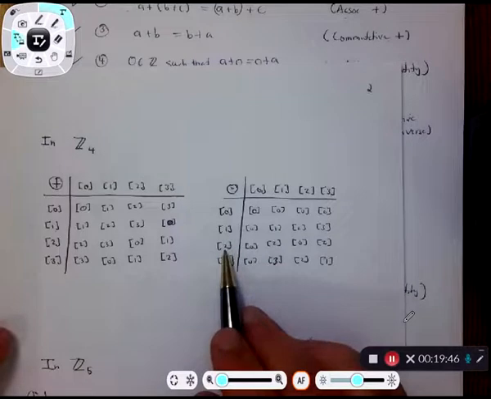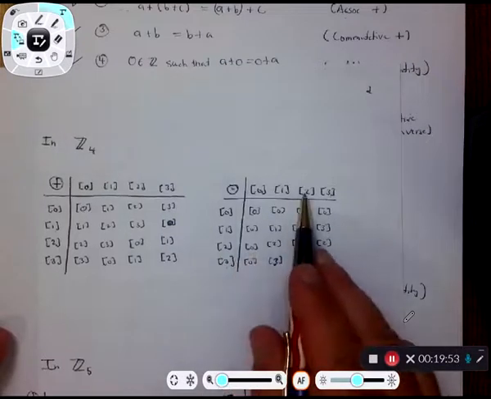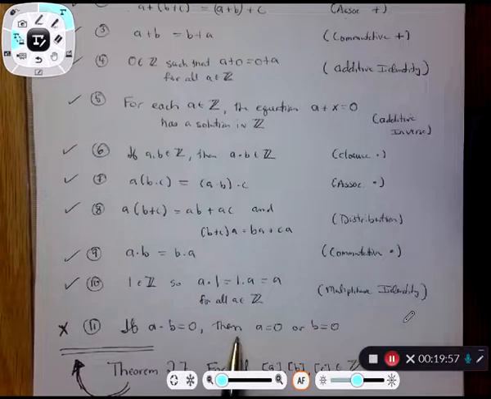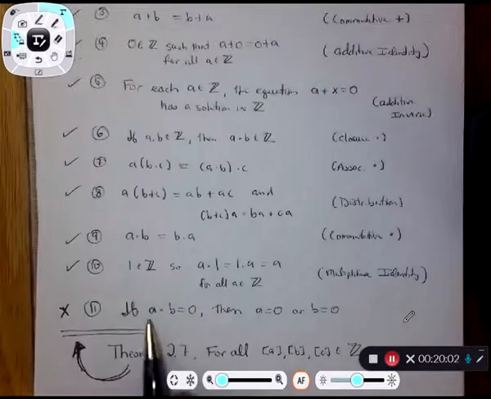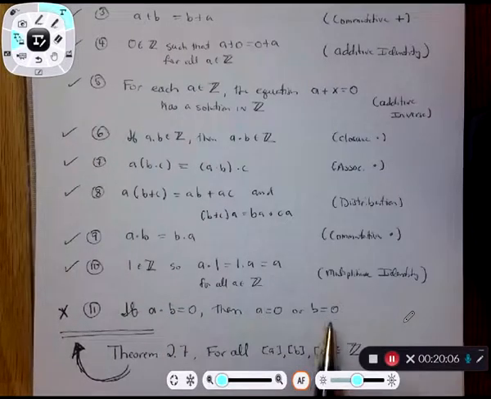Equivalence class 2 times equivalence class 2, in this case, is equivalence class 0. Two non-zero elements multiplied together give me 0. That is not what we have here. According to the property with integers, if I ever have a product equals 0, then either the first dude had to be 0 or the second dude had to be equal to 0.